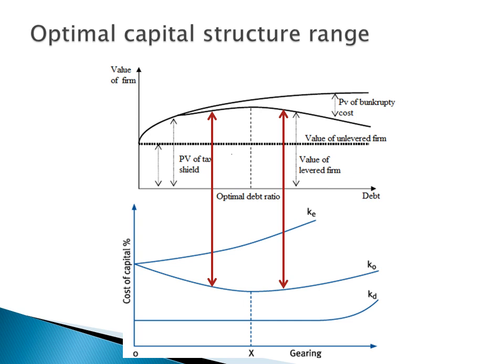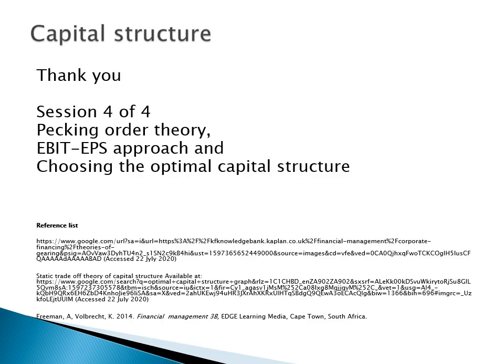They are in a dynamic environment, which means that there would be a range where the weighted average cost of capital is in a minimum range, and that will contribute to a maximum value range of the company, and that is what you see on the slide there.